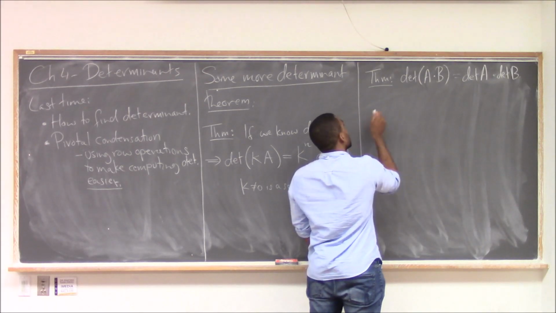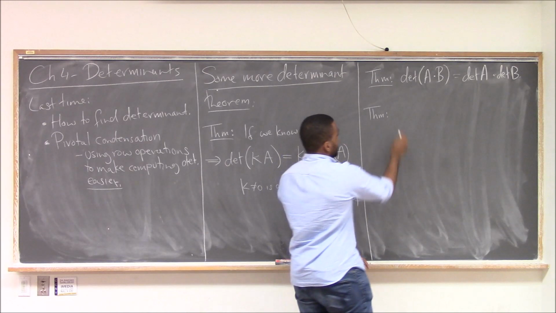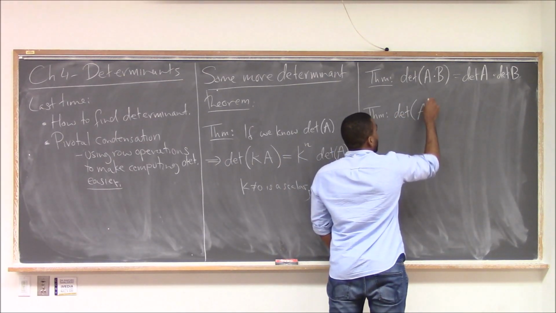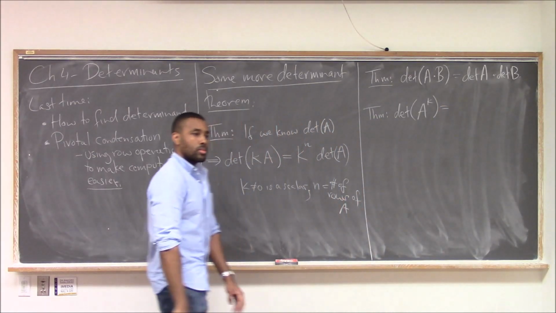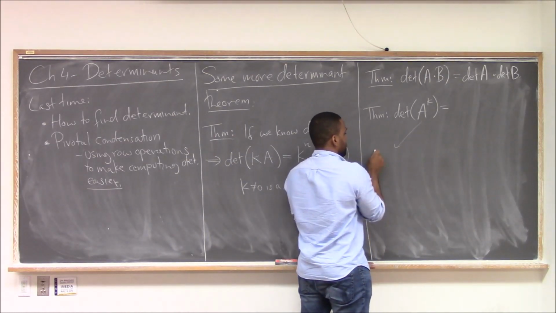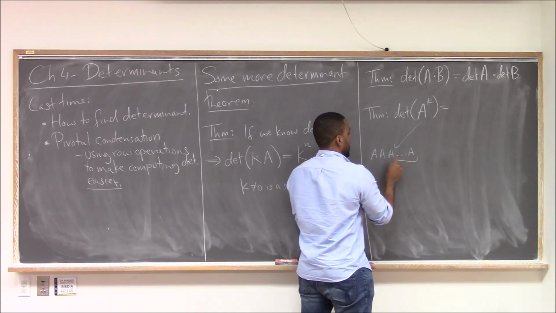In fact, this kind of tells you something. What would that mean? This is representing A multiplied by itself k times: A times A times A, k times.